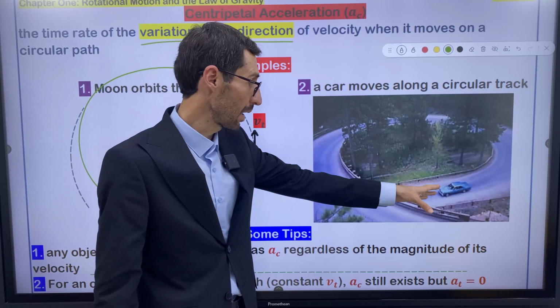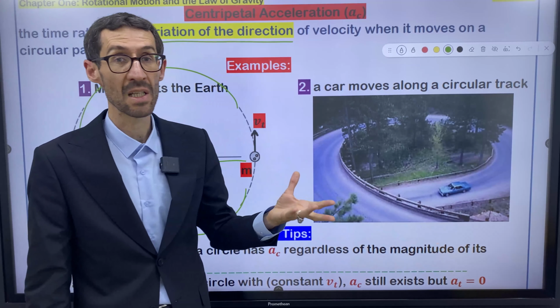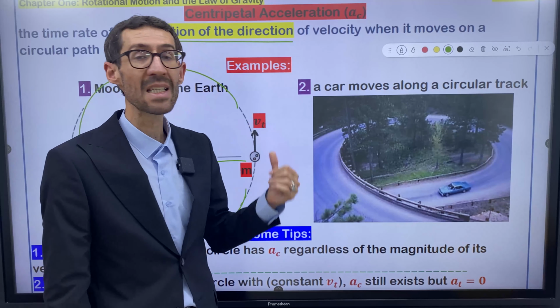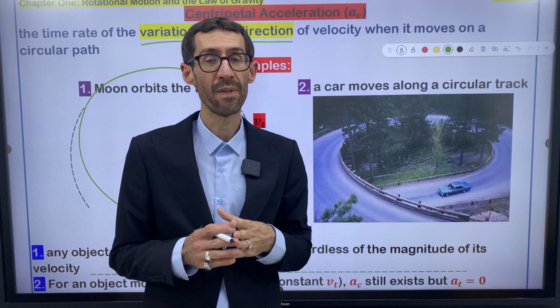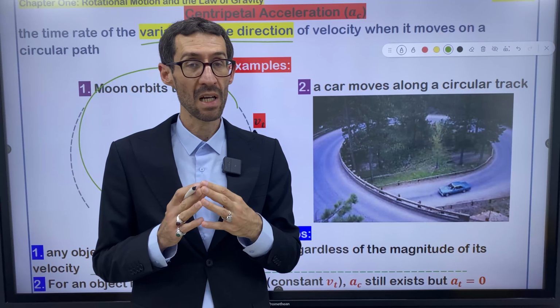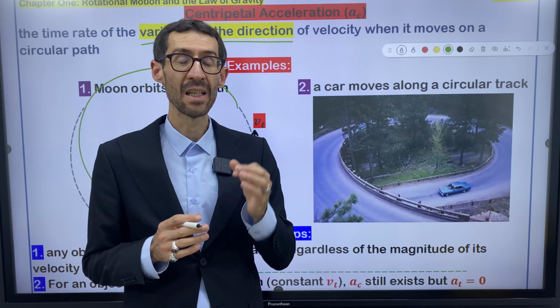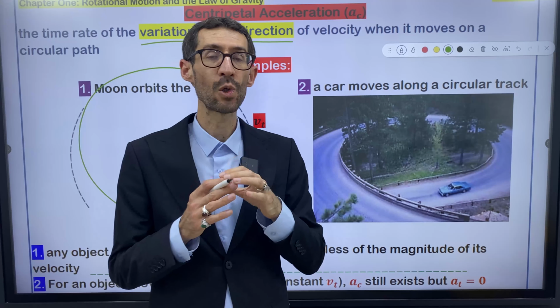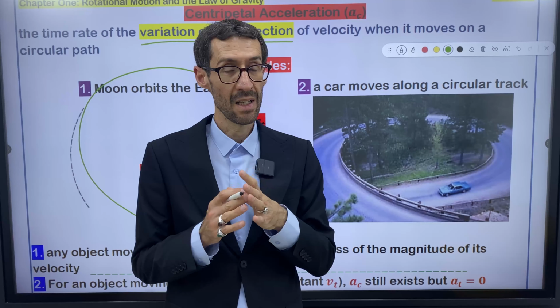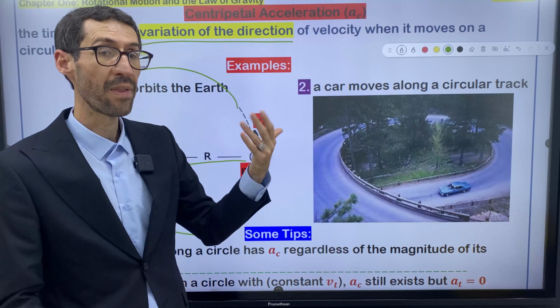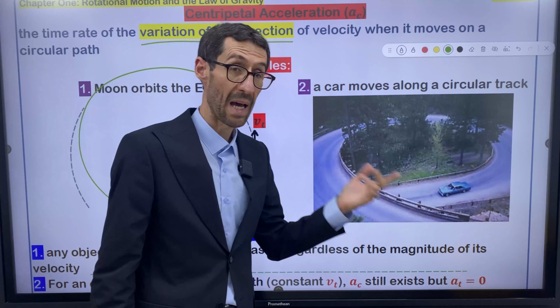Whether the car speeds up or slows down, it doesn't matter. So I can say A_C is independent of the magnitude of velocity. A_C only depends on the direction of velocity, and centripetal acceleration only exists on a circular track, so it is dedicated only to circular tracks, not to other paths, right?